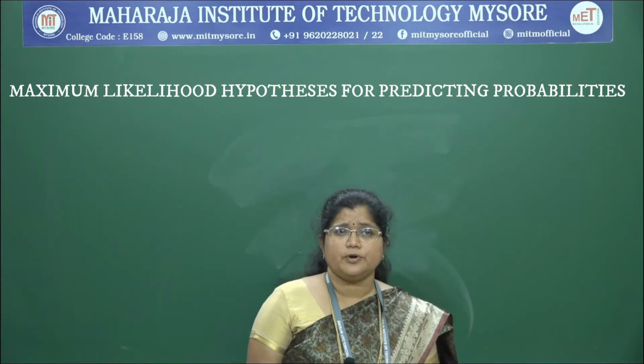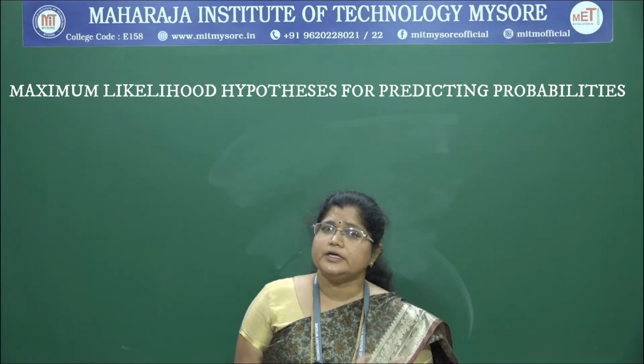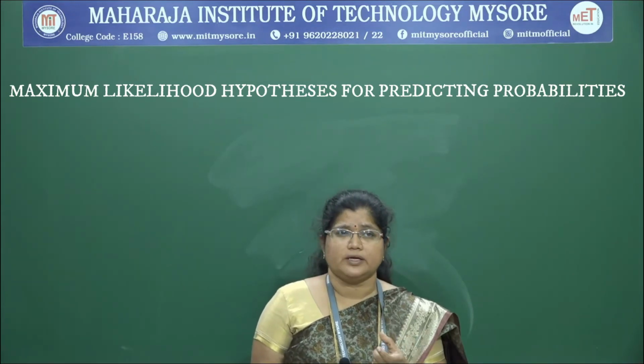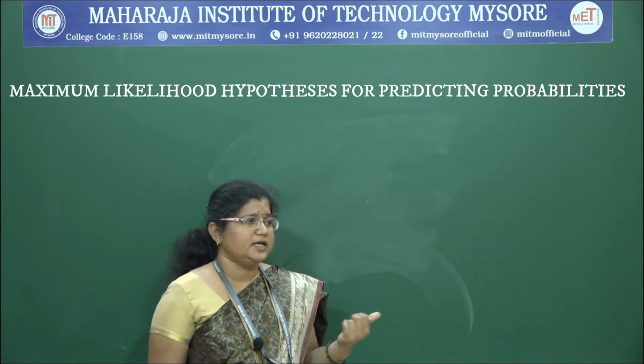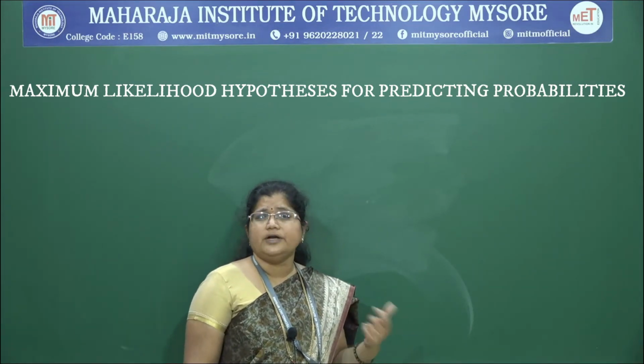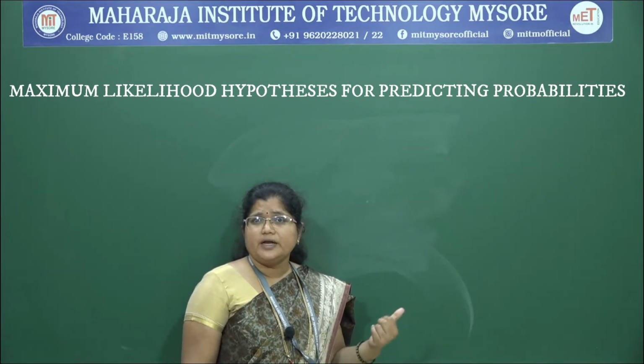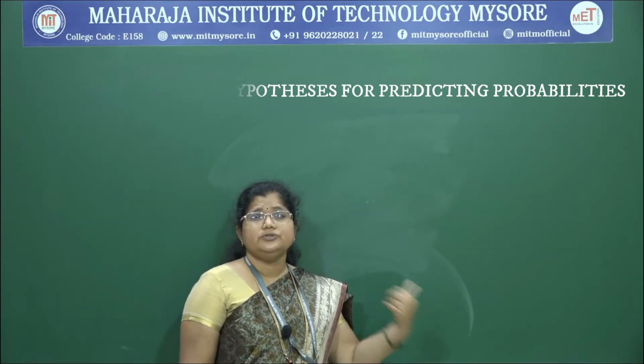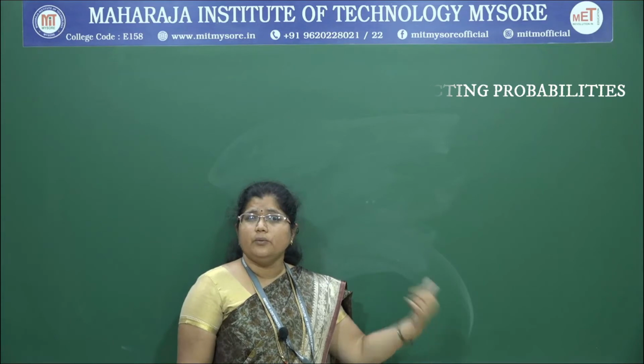The function approximation's output is the probability that f of x is equal to 1. In other words, the target function for each particular instance is going to derive either 0 or 1.